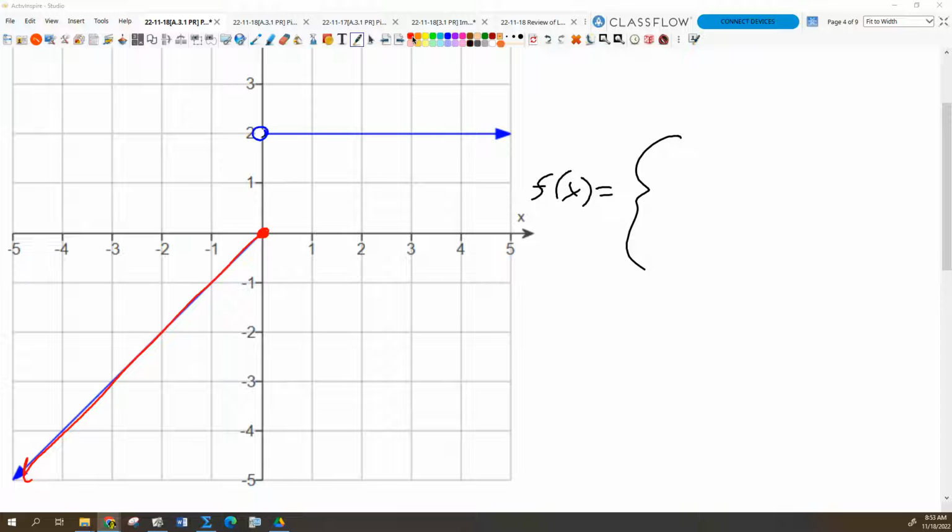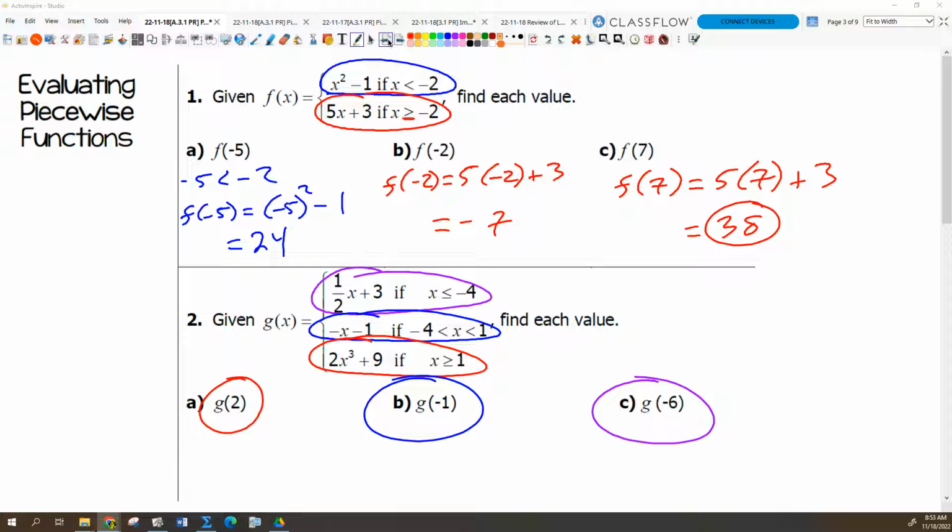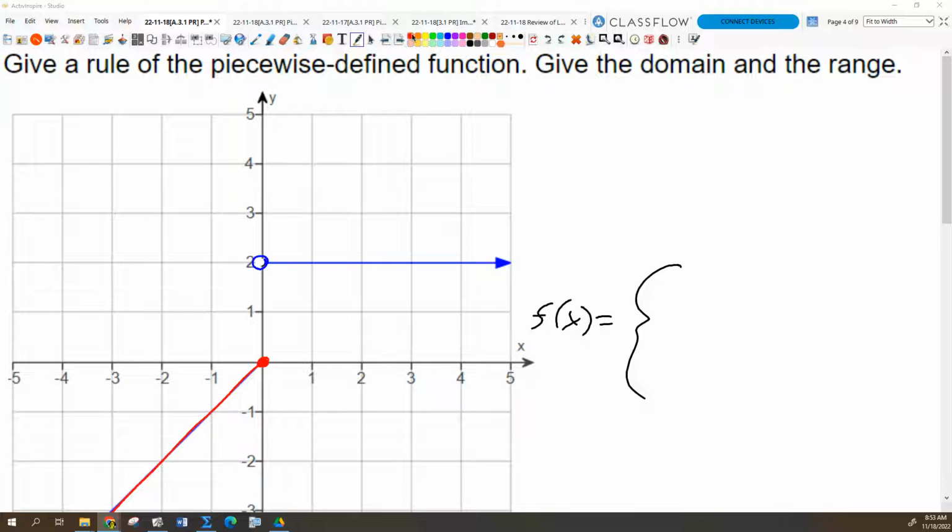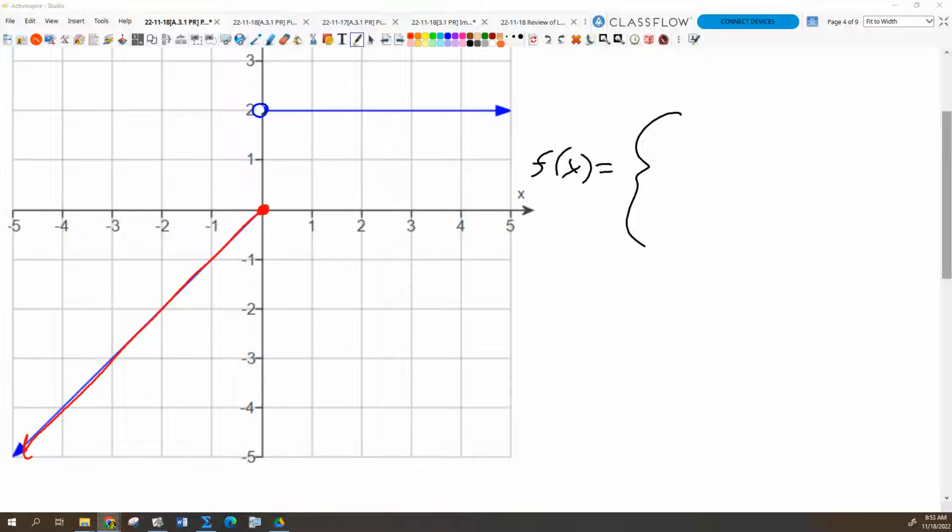A lot of times on these worksheets they always say f of x equals x squared minus 1 if x is less than or equal to -2. I'm going to write this a slightly different way. A lot of times we don't use the word if. We just put a comma there. So for the red piece, I'm going to put a comma, and then what's the domain of the red piece? What do you think? What's the domain of the red piece? X is what?